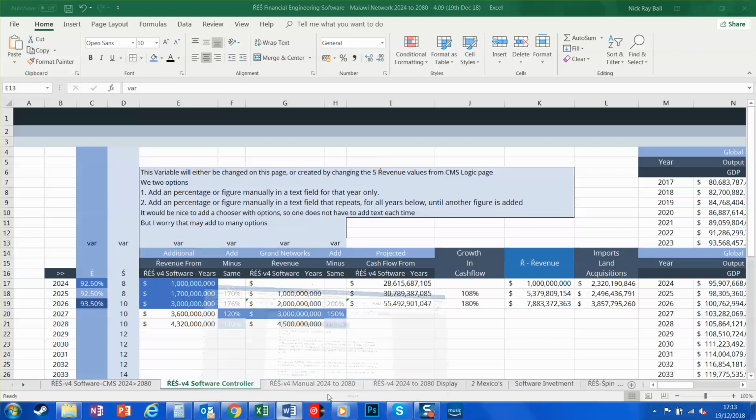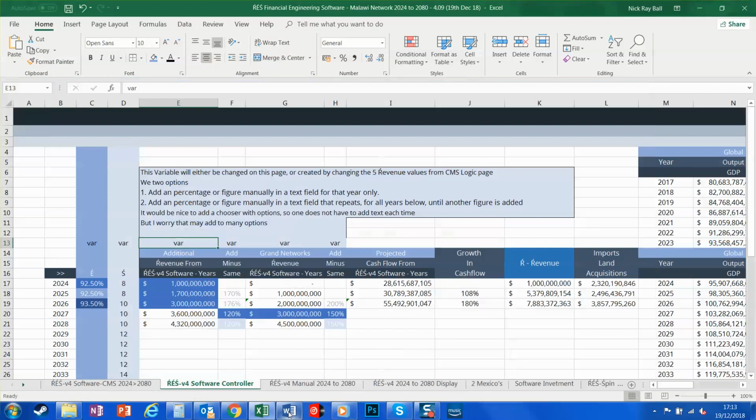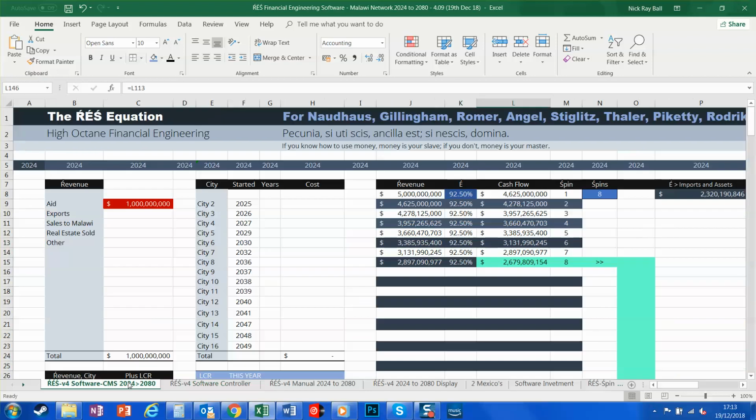Okay, so I'm just going to read through this. 2024 and 2025, revenue aid, new input on CMS in red, 1 billion. Okay, so what that is saying is, on here, 2024, we start with this 1 billion in aid.